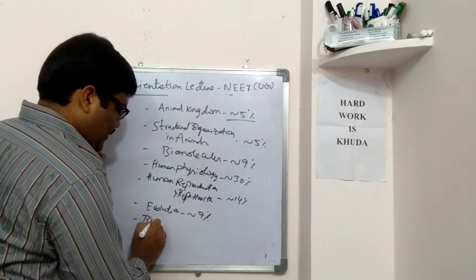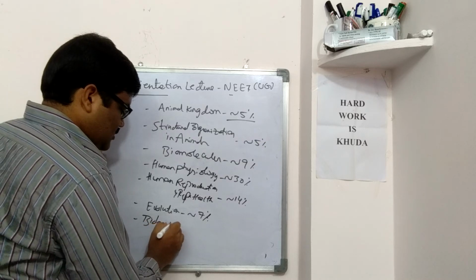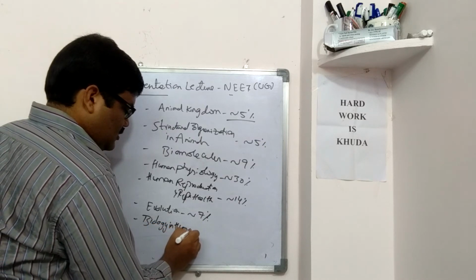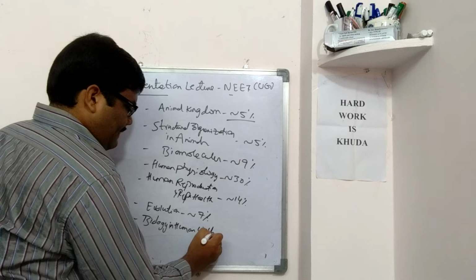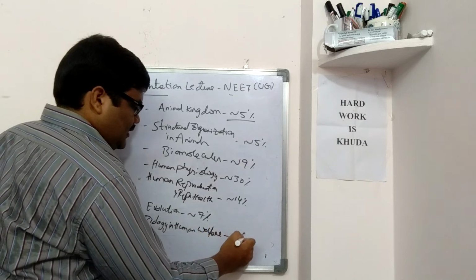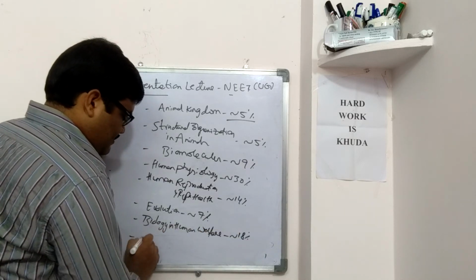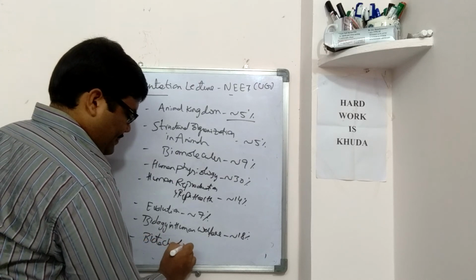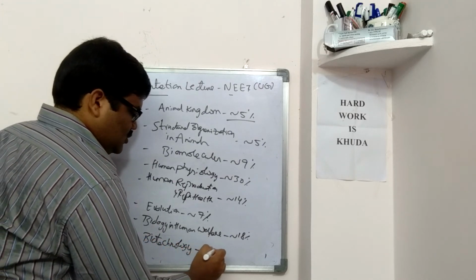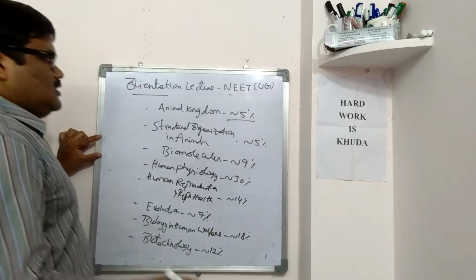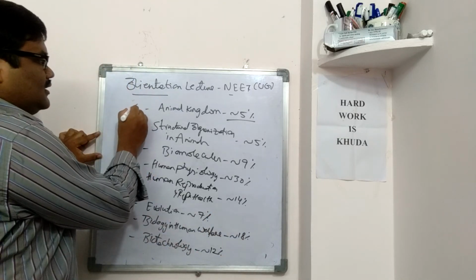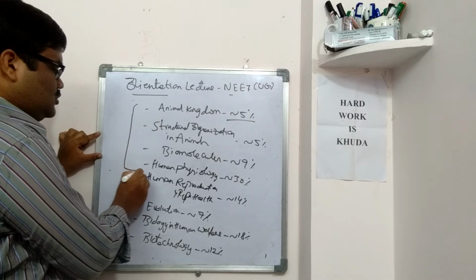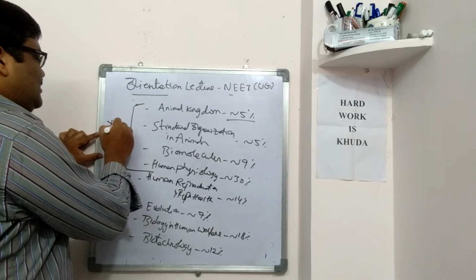Biology in human welfare, nearly 18%. Then biotechnology, nearly 12%. So from animal kingdom up to human physiology comes under class 11.